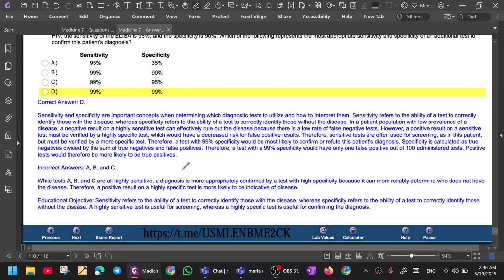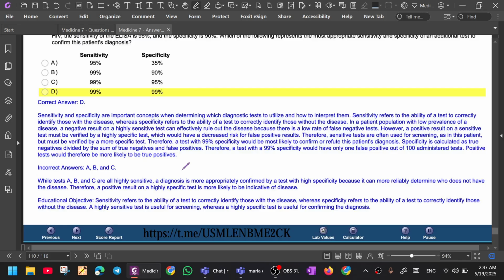Specificity is calculated as true negative divided by the sum of the true negative and false positive. Therefore, a test of 99% specificity would have only one false positive out of 100 administered tests. Positive tests would therefore be more likely to be true positives.